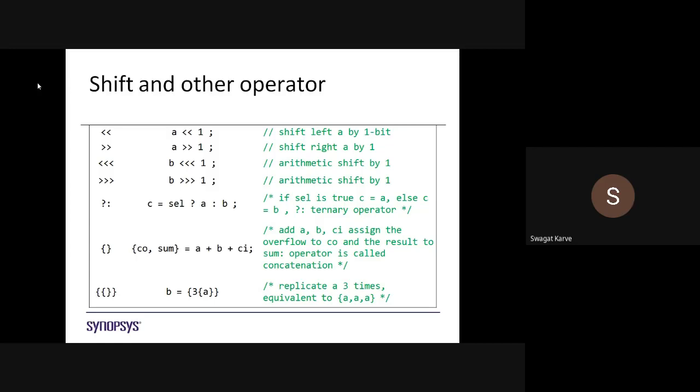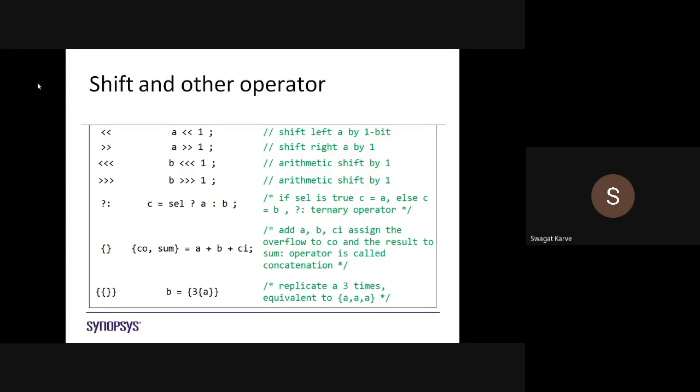Then the next operator is the curly bracket, opening and closing curly bracket. What will this operator do? For example, we have considered one example. In curly brackets, you have written two variables, co and sum, followed by an equation, a plus b plus ci.